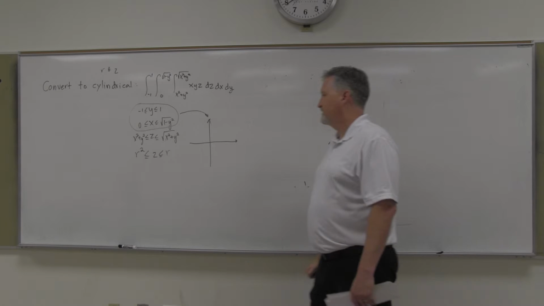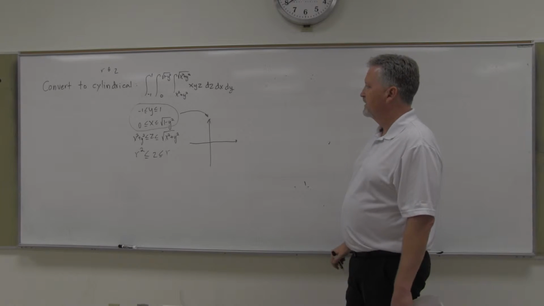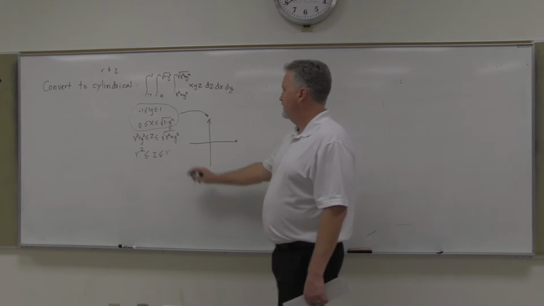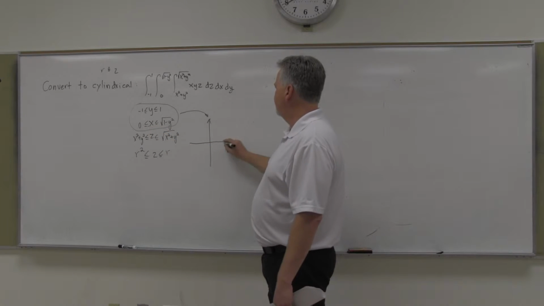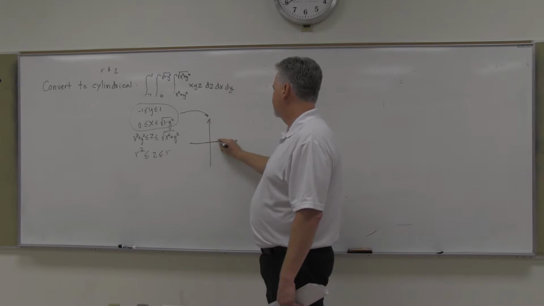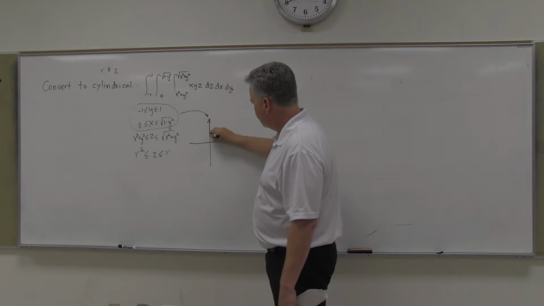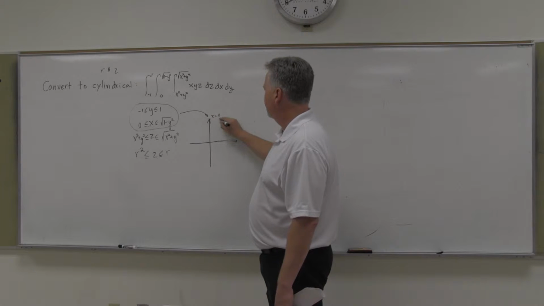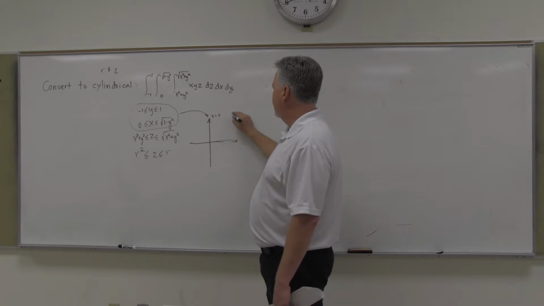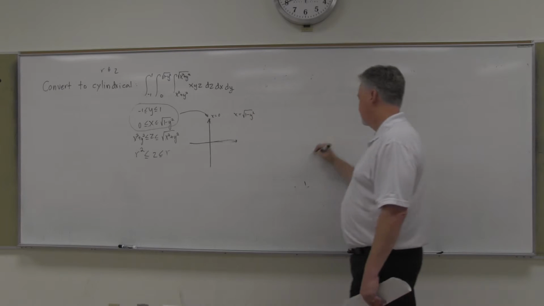That's the limits for z. So x equals 0, sorry, x equals 0 is the y-axis. That leaves me x equals the square root of 1 minus y squared. What does that look like?